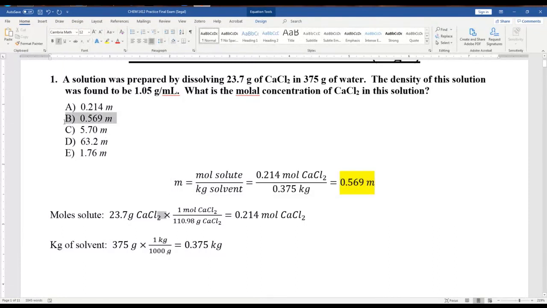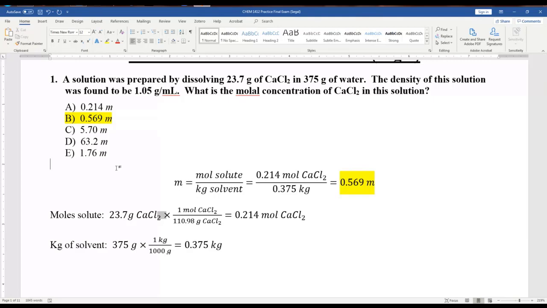Now, you might ask yourself, why does it have density in there? It gave us the density and we didn't use it for this problem. The truth is that sometimes professors give you more information than you actually need. Sometimes you'll be given information that's not necessary to solve the problem.